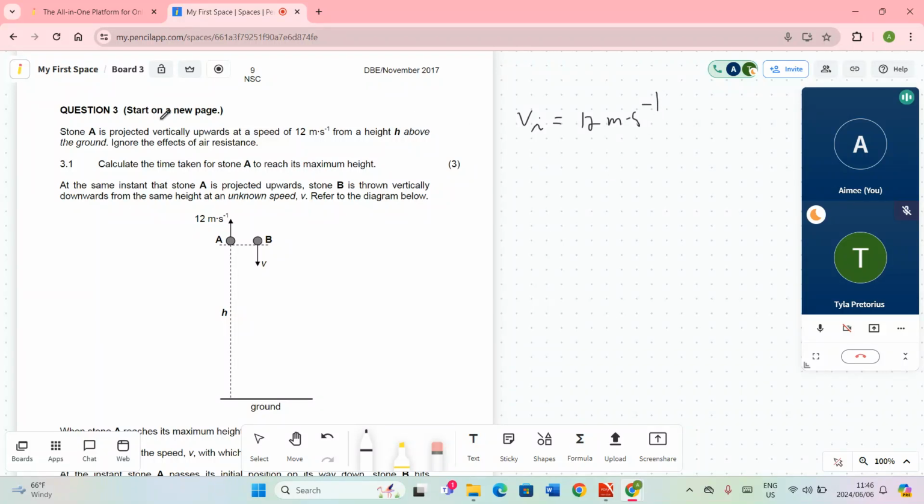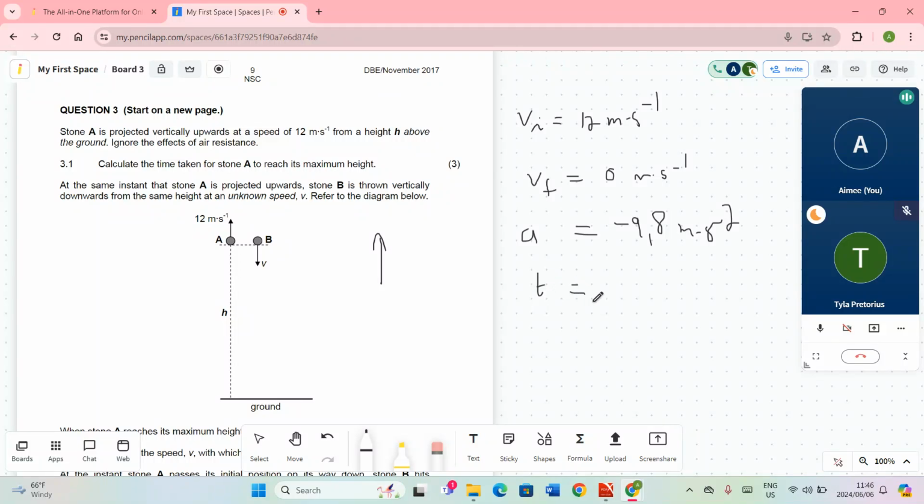At maximum height, the final velocity V is 0 meters per second. We're taking up as positive, so acceleration is negative 9.8 meters per second squared. And they're asking for time.